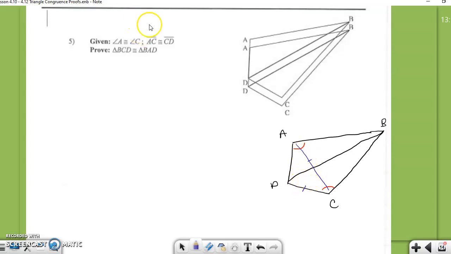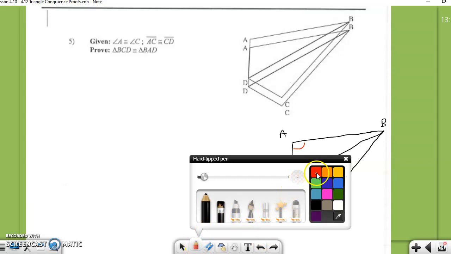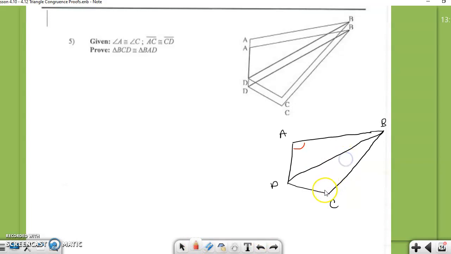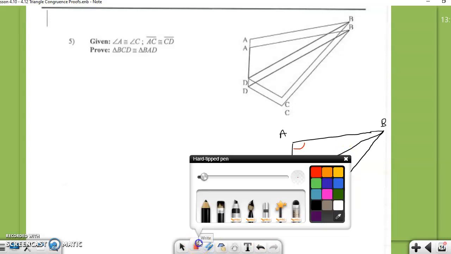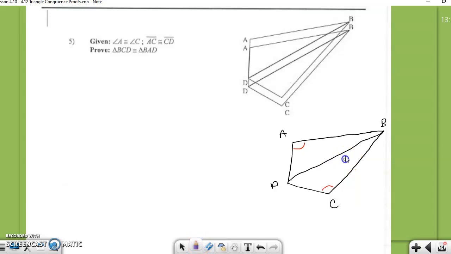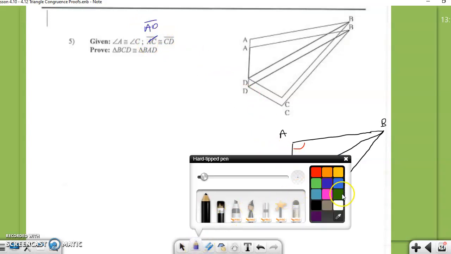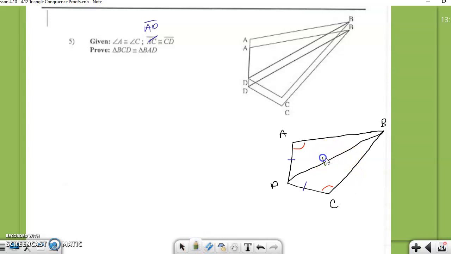So even if this was, instead of AC, if this was supposed to be AD, let's look at that. Now let's see what happens if we change that to AD. I can't prove it that way. Okay, I've got that, and I've got that. I also would know that I have my reflexive property in play here.